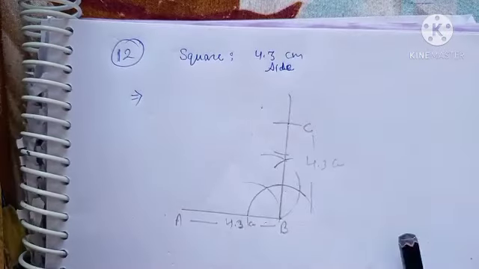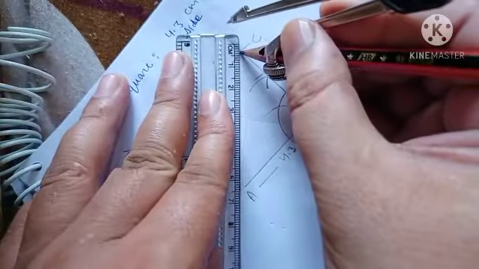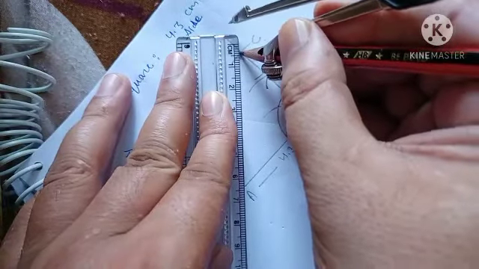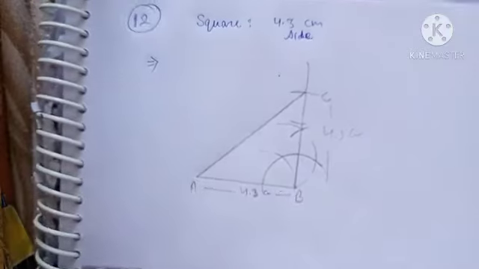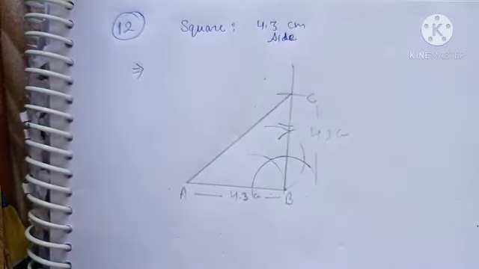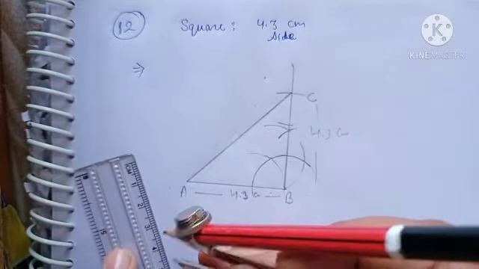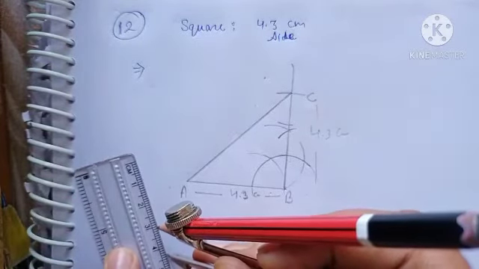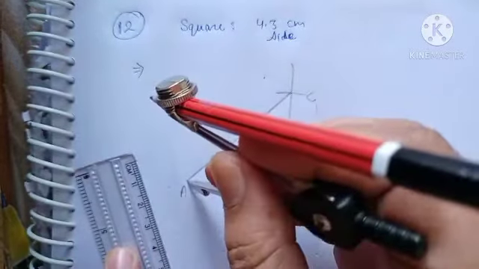Now join AC. Okay. Now taking 4.3 centimeter as radius and A as center, we will draw an arc.